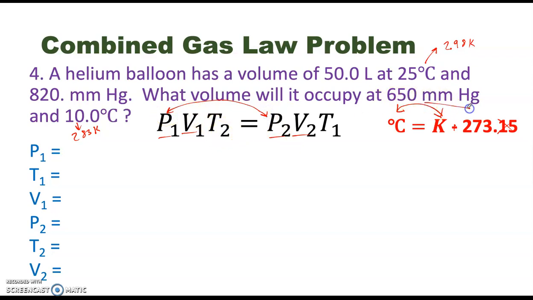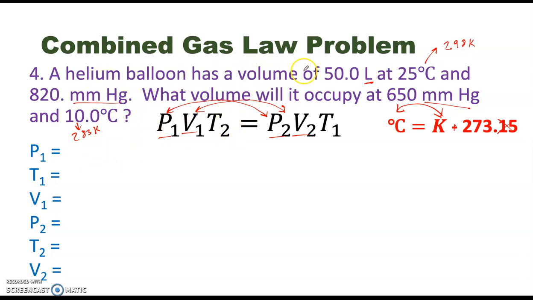So let's check. This pressure is in millimeters of mercury. This one is too. Our volume, we only have 1 volume, and it's in liters. So when we solve this, the volume that we calculate is also going to be in liters, and you'll see how that works out here in a second.